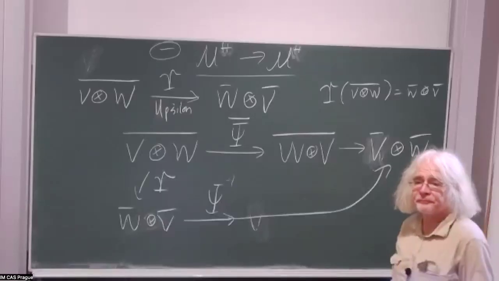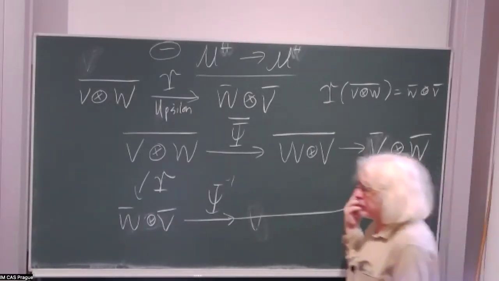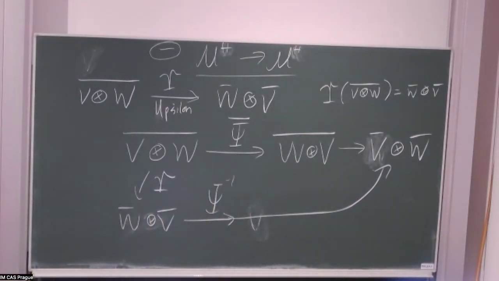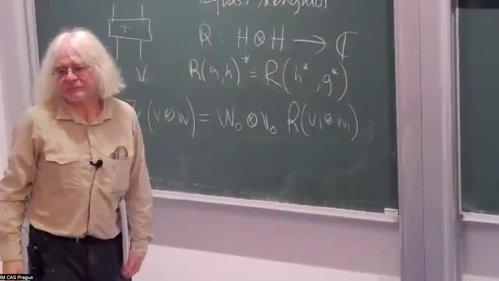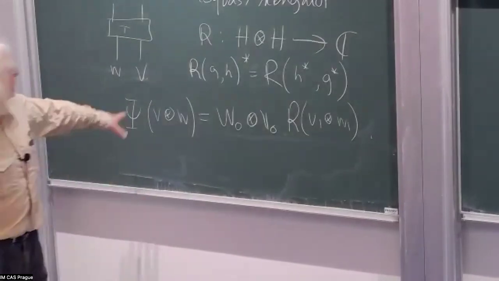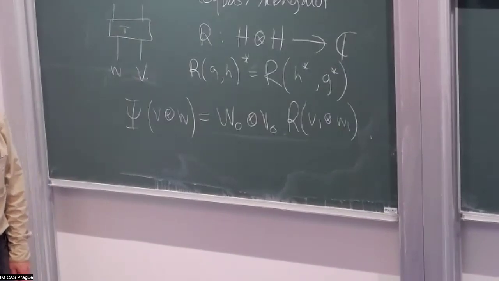So there's no R matrix that braids this? No, none at all. You just work it out and it gives you a co-module map, basically just because of the rules of being a star Hopf algebra. Okay.